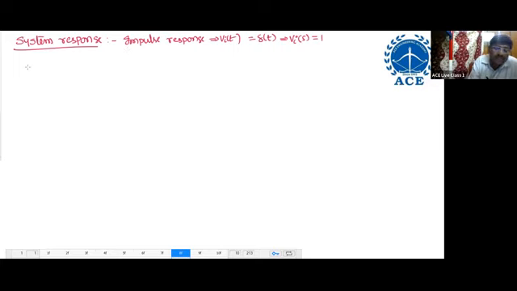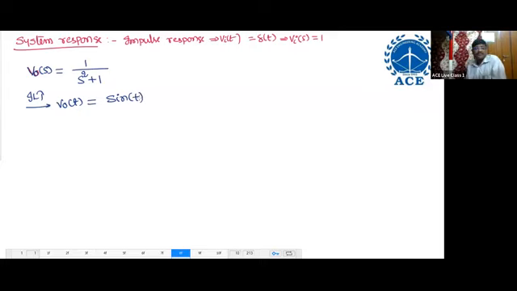Now tell me, V naught of s becomes what? 1 by s square plus 1. Apply the inverse Laplace transform. What is V naught of t? Simply sin t. So now draw the response.